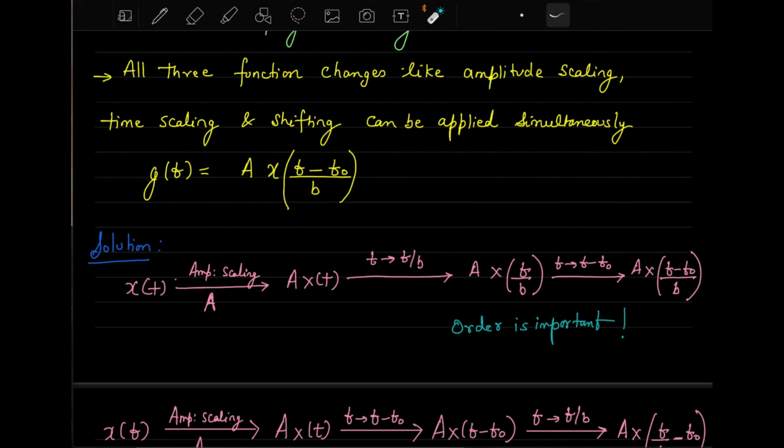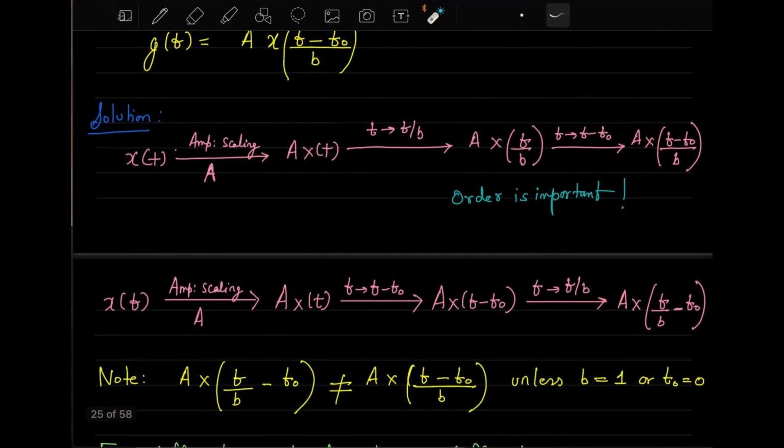Otherwise, when we reverse the situation, like when we did the time shifting followed by time scaling, then whatever we got as an output was not equal to this factor. They can become equal only if you have b equal to 1 or the time shifting factor equal to 0.